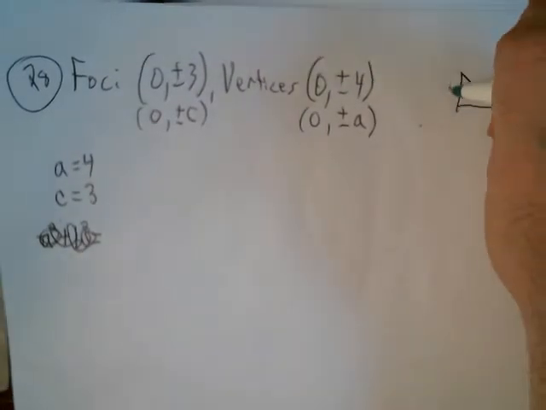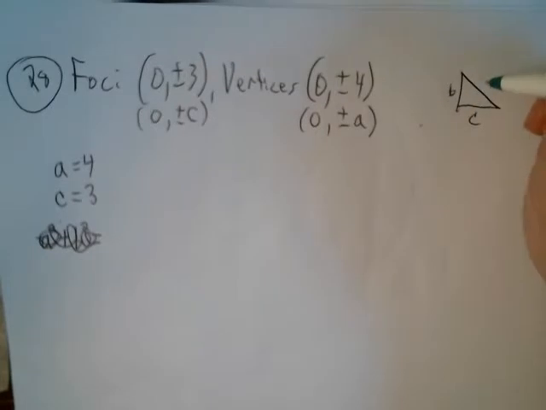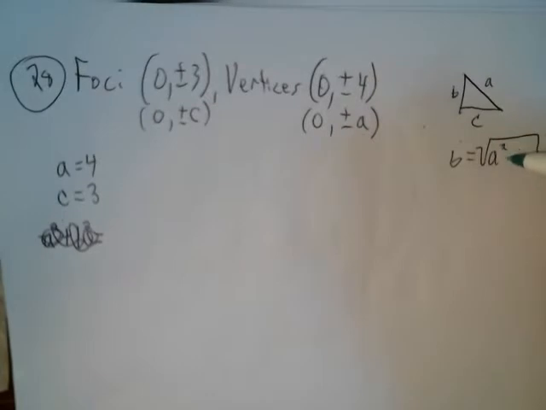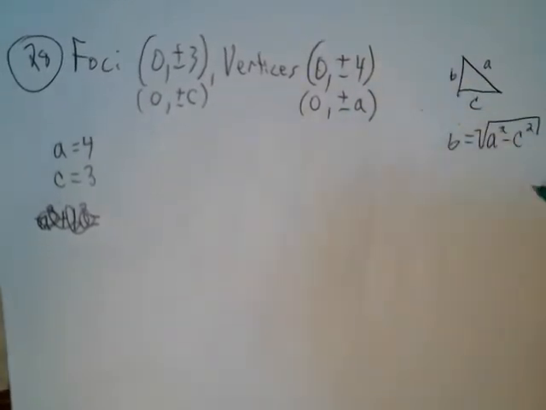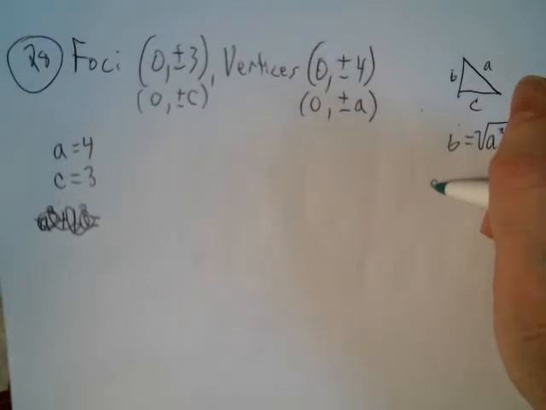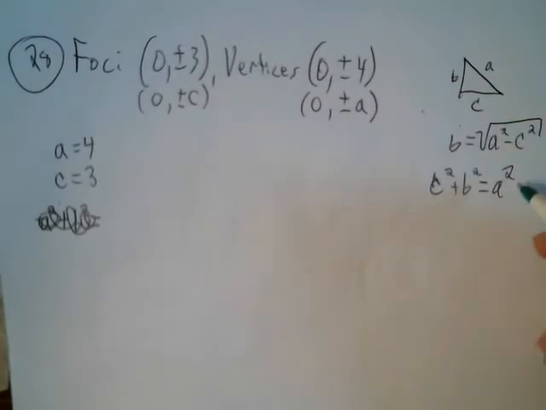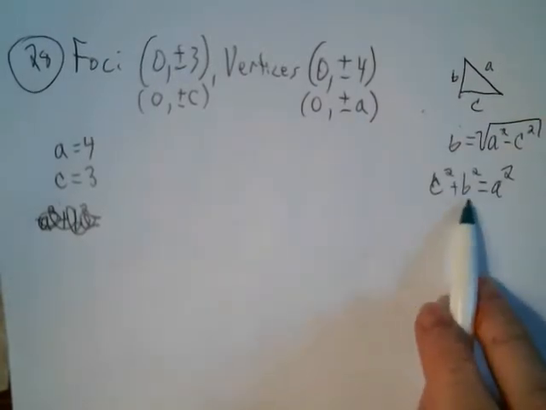Okay, so this height was B, this was C, and then this was A. So I have A and C, I want to get B, so it's going to be B equals square root of A squared minus C squared. Okay, if you don't see that, you write out the Pythagorean theorem. So we have C squared, the legs squared, summed, equals A squared. And then what are we trying to solve for? We're trying to get B by itself.